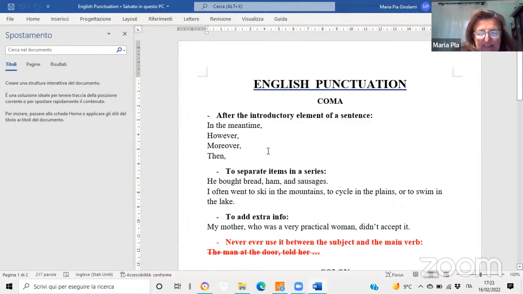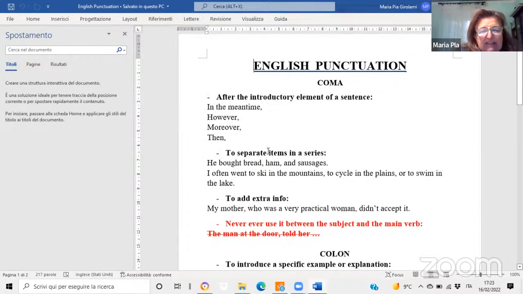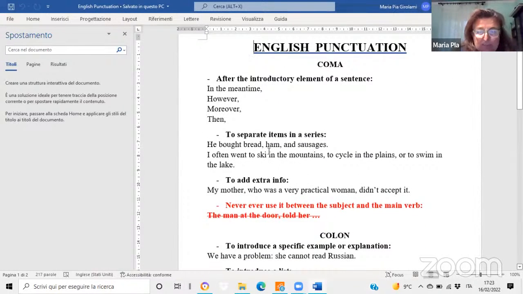Then the comma is used to separate items in a series. For example, he bought bread, comma, ham, comma, and sausages. Now you do this first part correctly because it's the same as in Italian, but in Italian, if there's an and, you don't put the comma here.